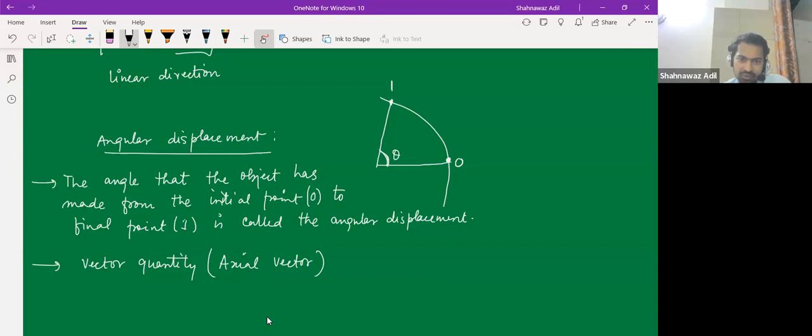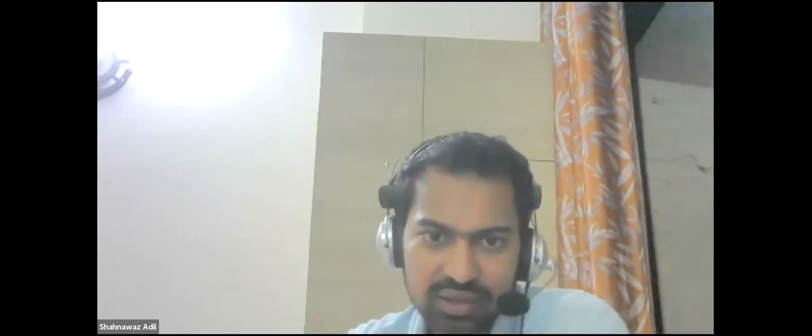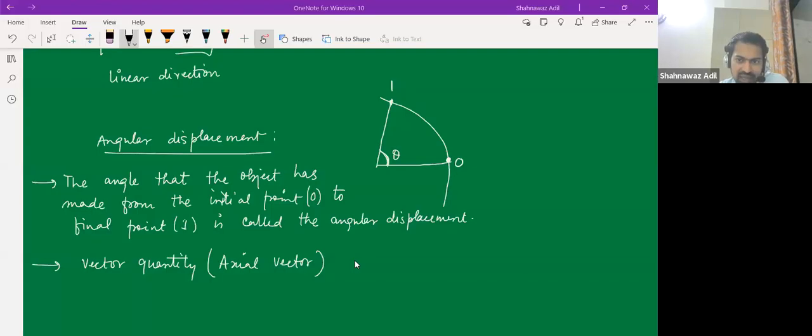So we have this axis of rotation, and the object is moving through it with some angle. Whenever something has an axis of rotation, that kind of vector is called an axial vector. Is that clear to you guys?